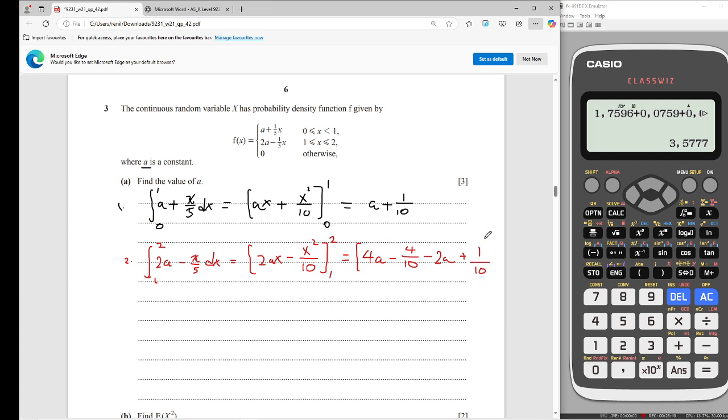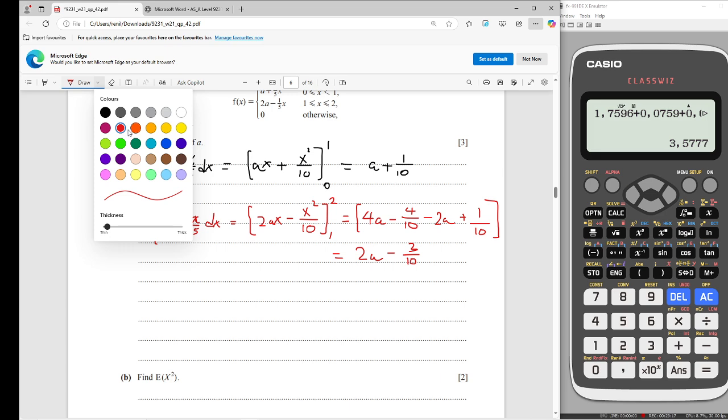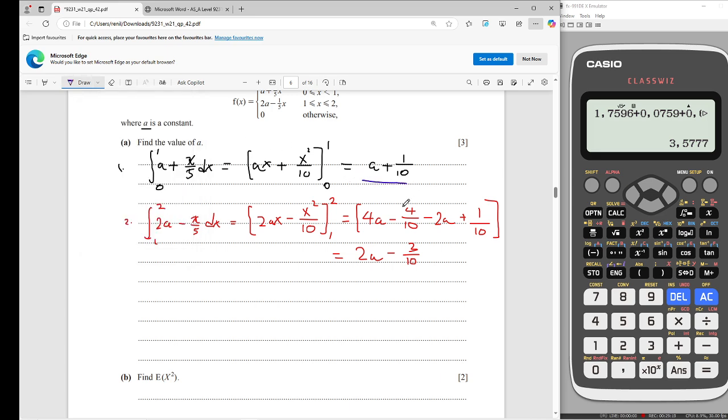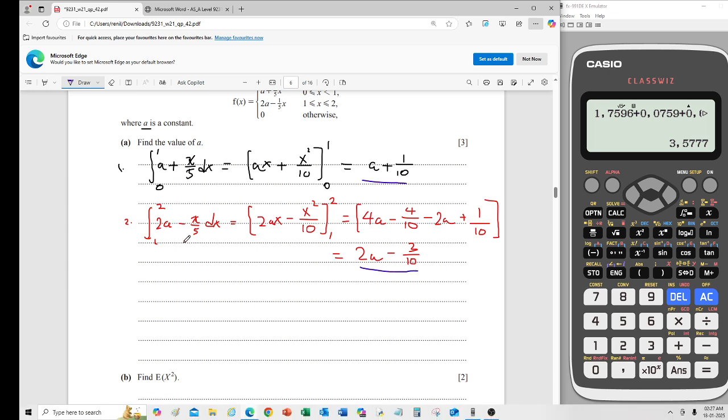It's going to add up 1 over 10, and when we solve this, you get 2a minus 3 by 10. So now let's add up the first one and the second one. When we add up this with this, we should get 1.